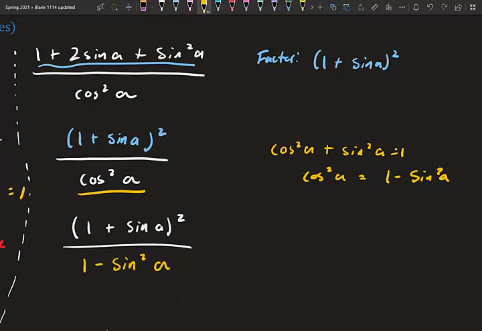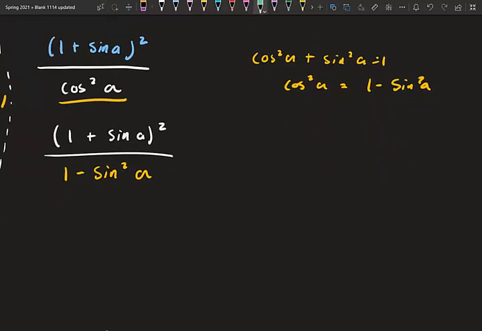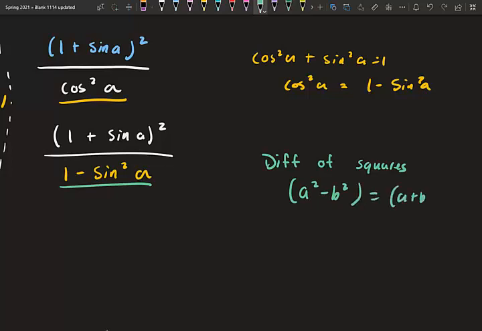So we can factor 1 minus sine squared A. How can we factor that? Well, it's a difference of squares, because we have a perfect square, a minus, and a perfect square. So remember, a difference of squares, if we have a squared minus b squared, it's the same thing as a plus b, a minus b.